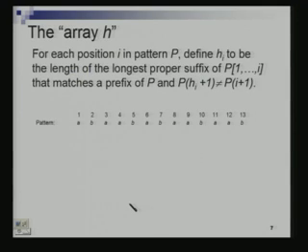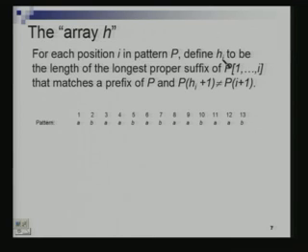Okay, so with each position of the pattern, we are going to define. Recall we said there is this array H which determines how much we are going to shift the pattern by. What is the information Hi?